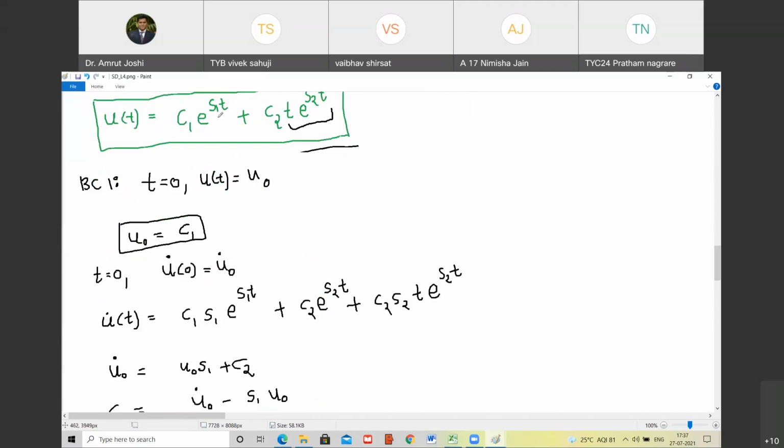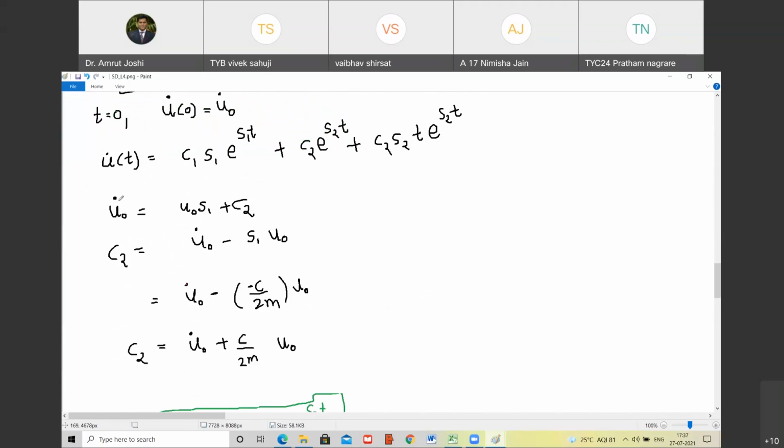So u dot of t will be equal to c1 into s1 e raised to s1t, plus c2 into e raised to s2t, plus c2 s2t e raised to s2t, that is correct. Now u0 dot is equal to, when I substitute t equal to 0, u0 s1 plus c2 plus 0, that's correct. So c2 turns out to be u0 dot minus s1 u0.